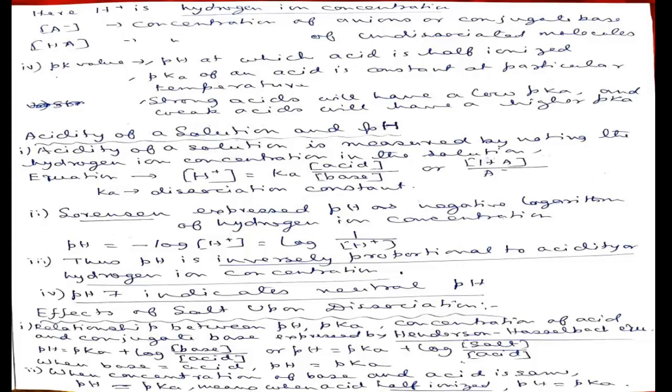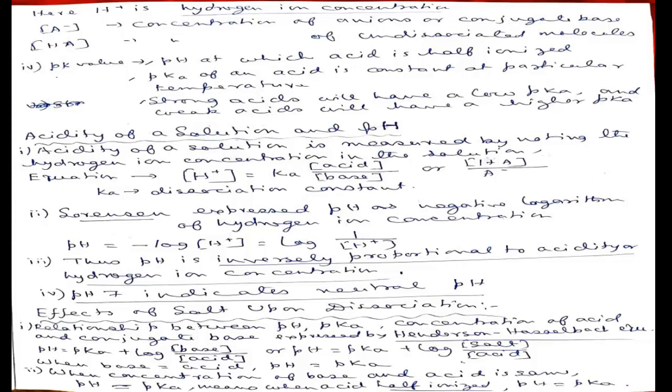Now what is the effect of salt upon dissociation? Relationship between pH, pK, concentration of acid and conjugate base is expressed by Henderson-Hasselbalch equation. Equation is pH is equal to pKa plus log base by acid, or pH is equal to pKa plus log salt by acid.